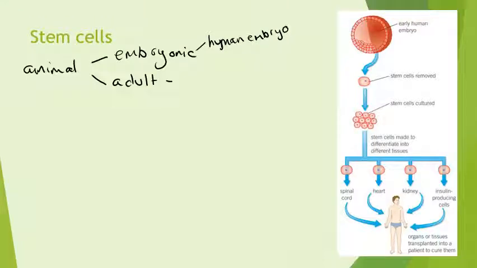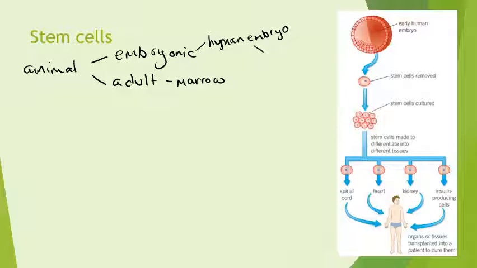Adult stem cells are found in the bone marrow. The key thing here is that embryonic cells are actually more useful to us than bone marrow cells and adult cells. At the point of the cell being embryonic, it still has the ability to differentiate into many different types of cell, because that embryo is still growing to form all the body parts that it needs to function.